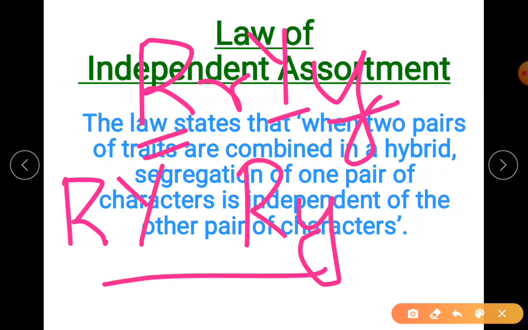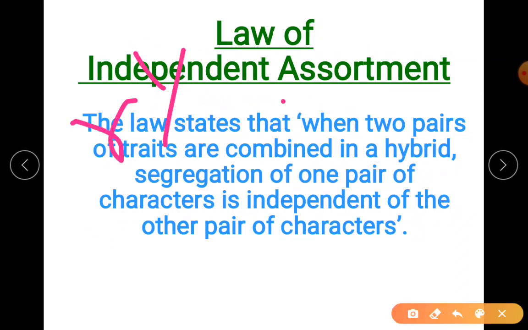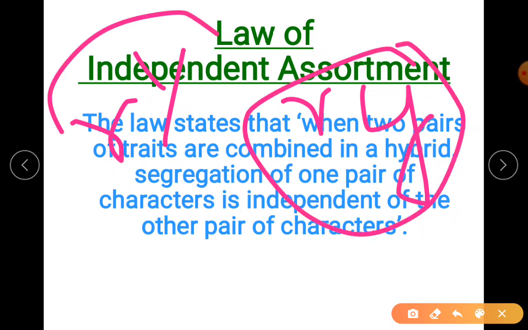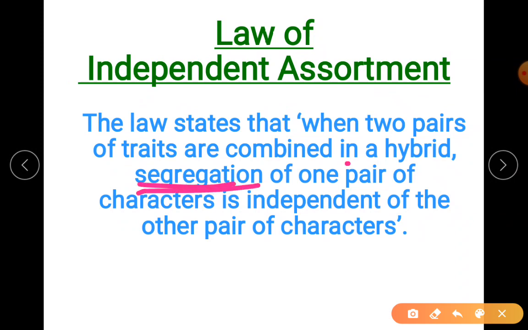This is how the segregation is independent, and doesn't depend on the other pair of characters. Similarly, for small r, capital Y can come or small y can come. So this is how the hybrid segregates during gamete formation.